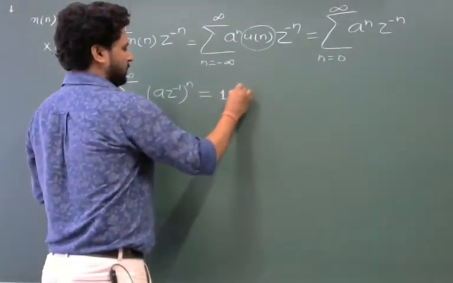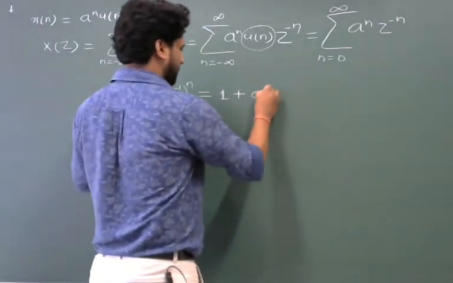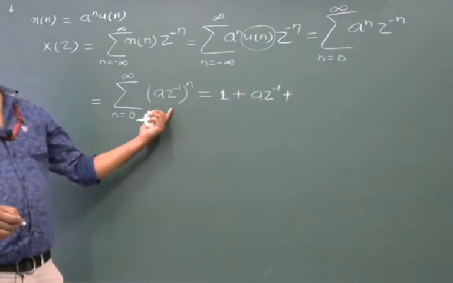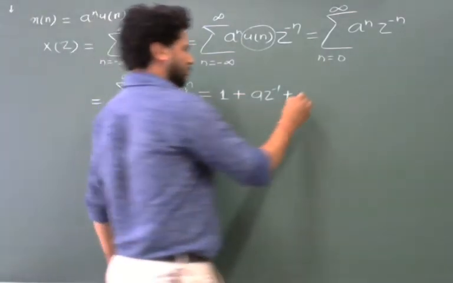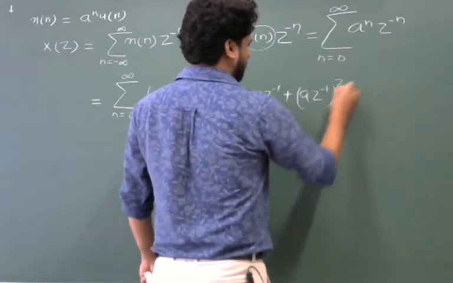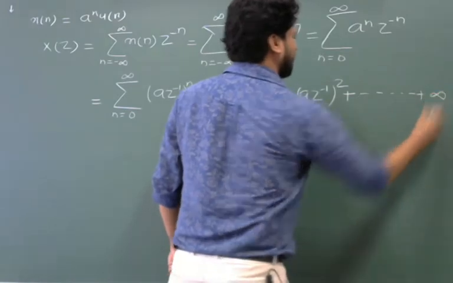When I put n equal to 1, this will become a z power minus 1. When I put n equal to 2 here, this will become a z power minus 1 whole square, plus this will continue till the infinite.